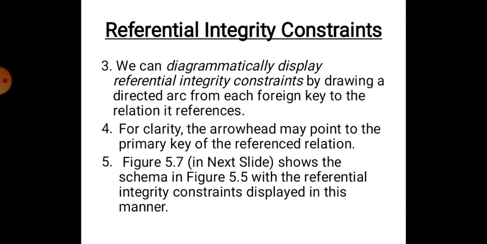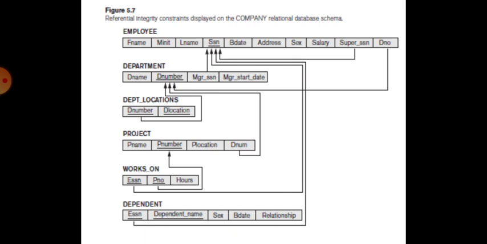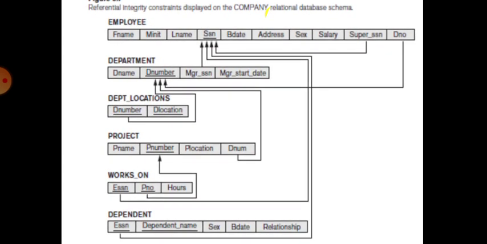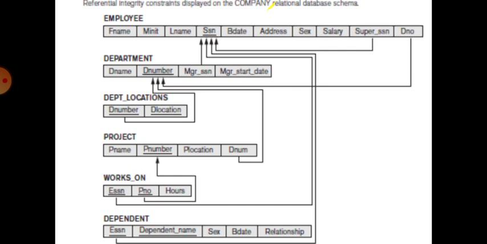Figure 5.7, which we'll see in the next slide, shows the schema in figure 5.5 with the referential integrity constraints displayed in this manner. Students, this is the referential integrity constraint displayed in the company relational database.